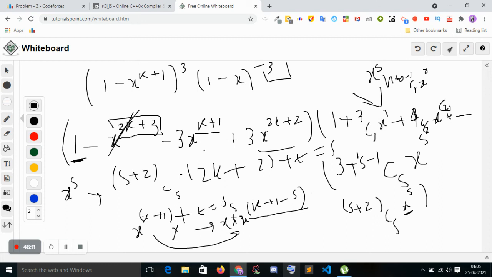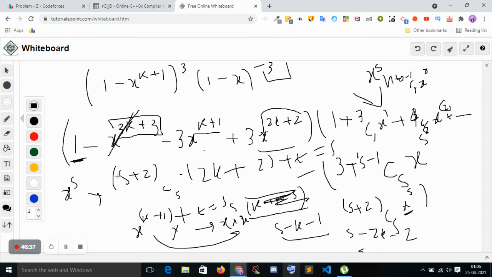So s minus k minus 1. When I multiply this power, it will become s. Again for this one it will become s minus 2k minus 2.